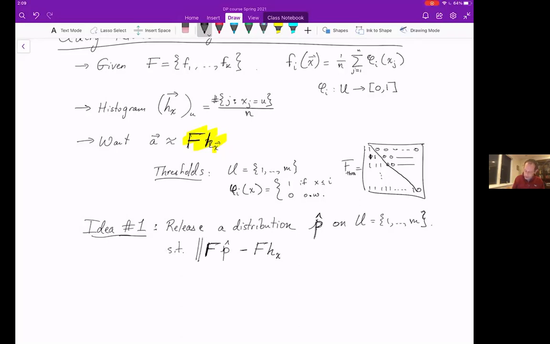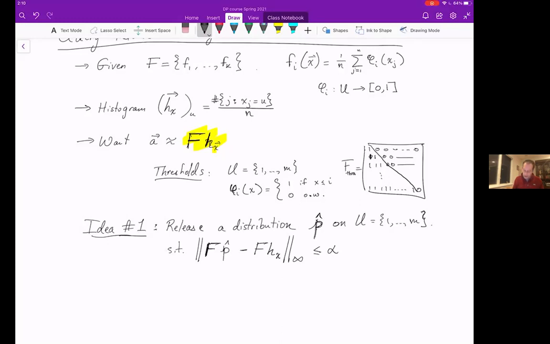And the notion of closeness we want is in the L infinity norm. So each of the entries, the answers to each of the queries I would get on the distribution p hat, is very close to the answer I would get with a random record in x. And that's exactly captured by this formula.